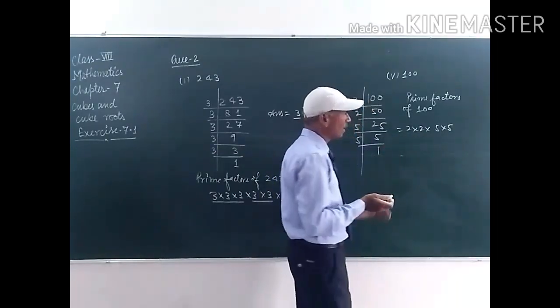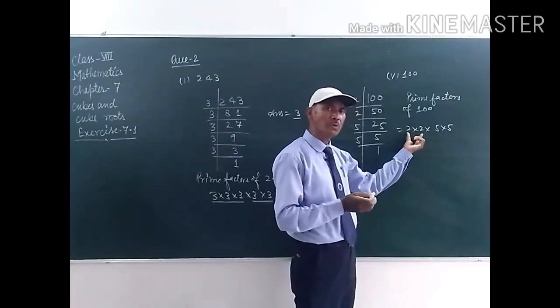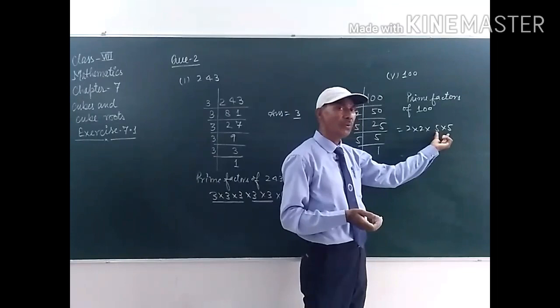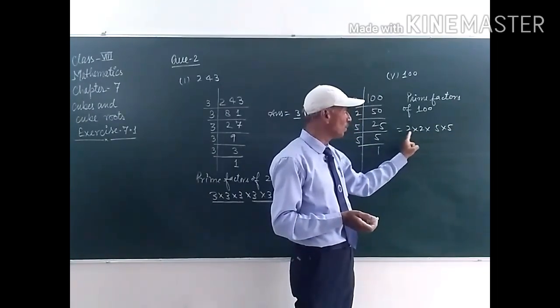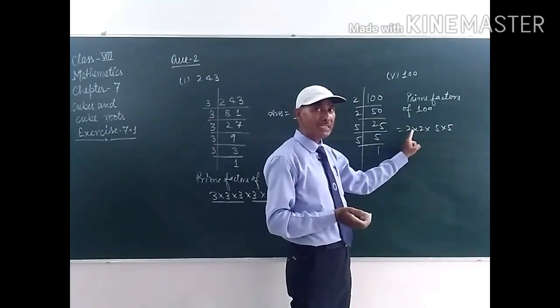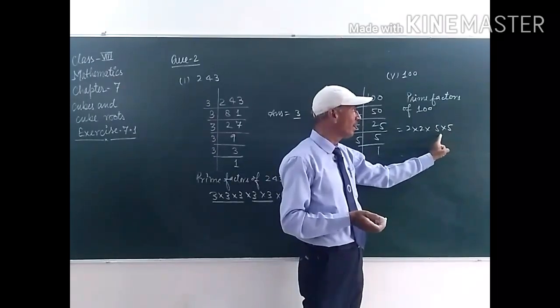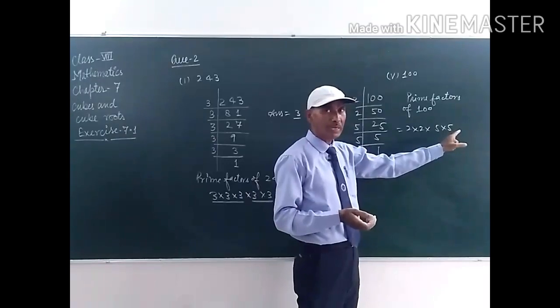Now we have to complete the triplets. We find here that 2 is only 2 times, student, not 3 times, and 5 is also only 2 times. So, if we multiply by one more 2, then the triplet of 2 will be completed, and if we multiply by 5, then that triplet will also be completed.